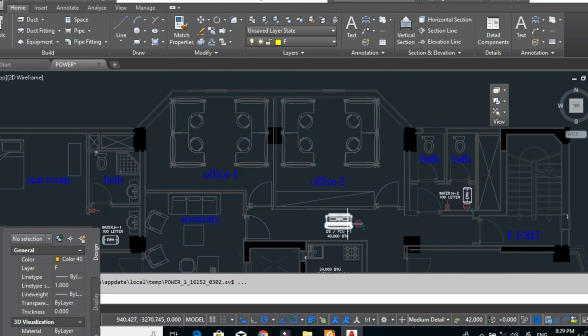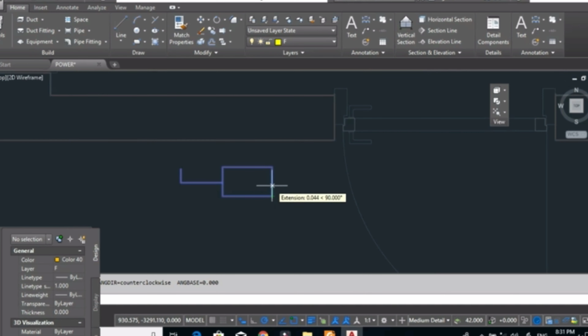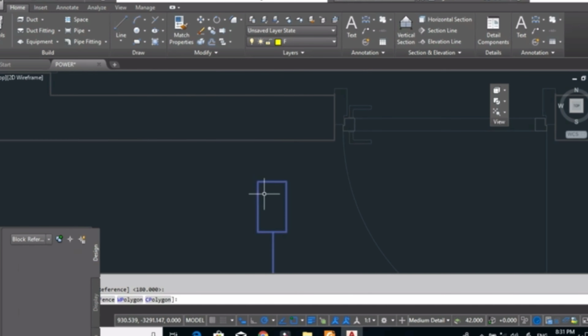Here this is 45 ampere. Here also we will put one for the split unit in the surface room. But as I'm saying, it is optional. You can put a disconnect switch for all those types of HVAC system.